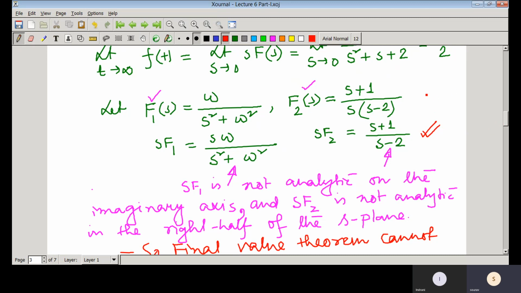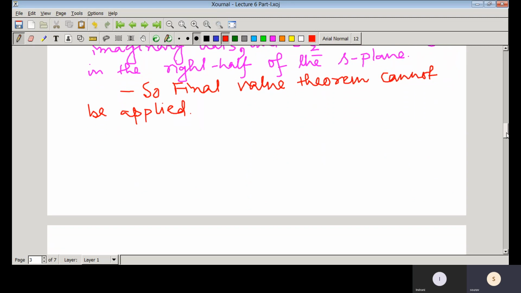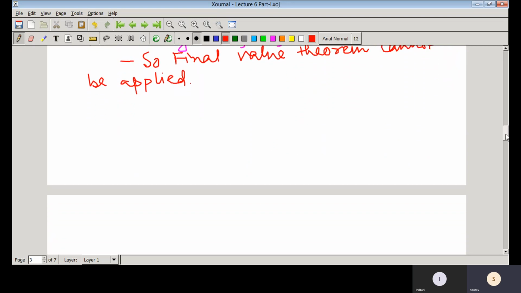No. The reason is this system is actually an unstable system, so it does not have any steady state. So before applying the final value theorem you should be careful about the condition required for it, that is the analytic property on the imaginary axis and on the right half of the s plane.